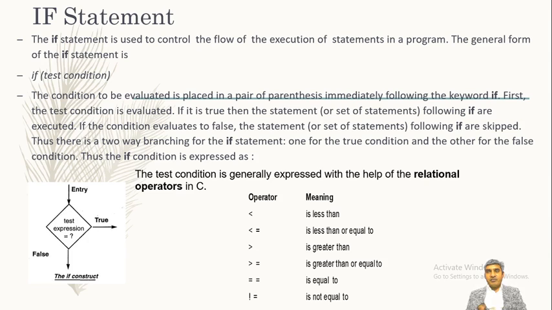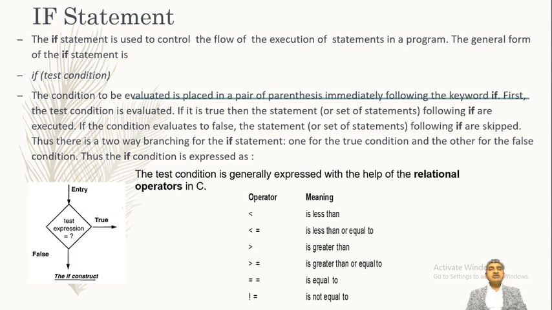The format is if, and in a pair of parentheses there is a test condition. If is one of the keywords. This test condition is not terminated with a semicolon. If the condition is true, then the statements following if are executed.